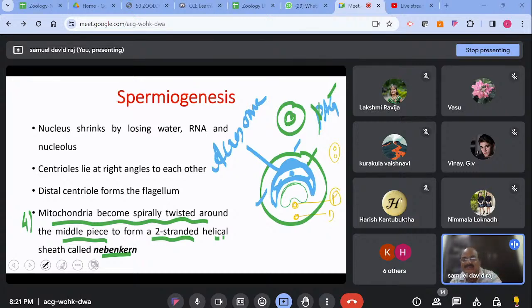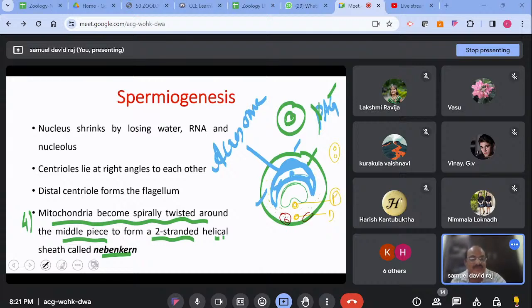As the acrosome is spreading, the membrane of the acrosome spreads all over the three sides of the nucleus, and the cytoplasm present between the plasma membrane and the nuclear membrane slowly comes down, along with which the mitochondria also come down.